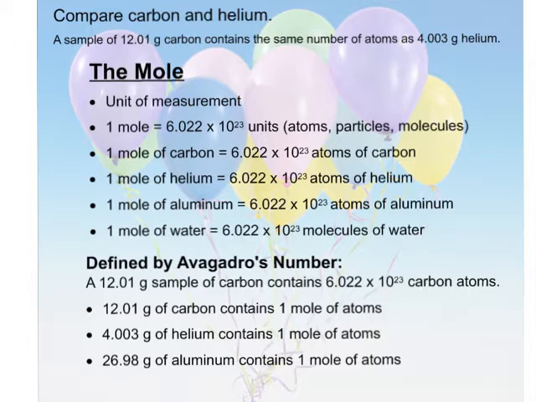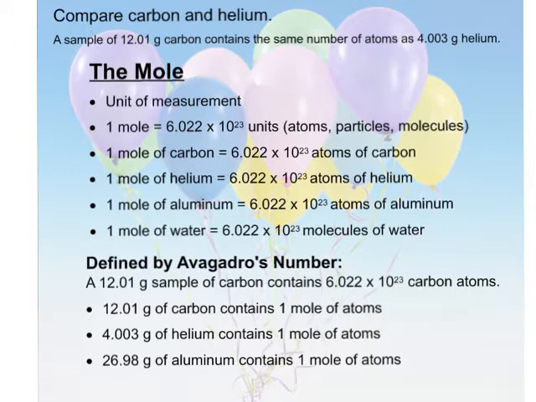The mole is defined by Avogadro's number. He came up with this number measuring a sample of carbon. He found that a 12.01 gram sample of carbon contains this many carbon atoms. Okay, that is where Avogadro's number came from.